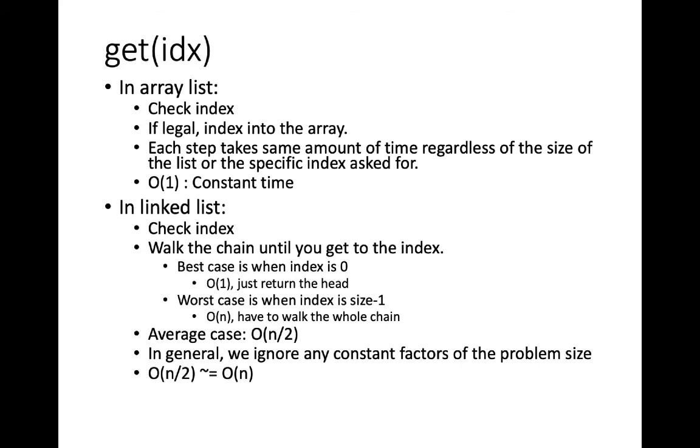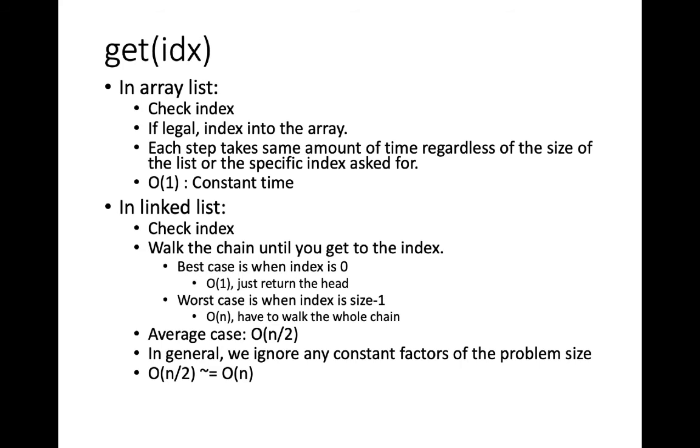Now, sometimes there's a difference depending on how you implement. Let's say I'm trying to retrieve a particular index. In an array list, the first thing I have to do is check the index to make sure it's valid. That does not depend on the size of the list. The list could be 2, 2,000, or 2 million.